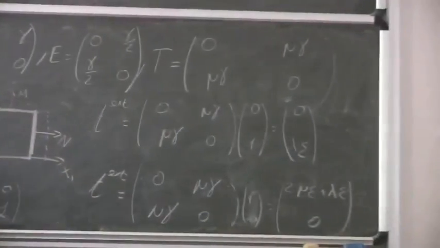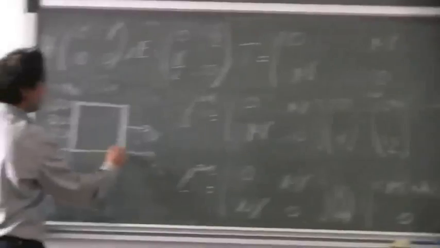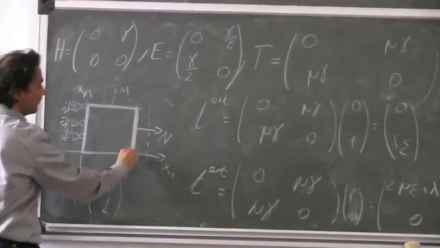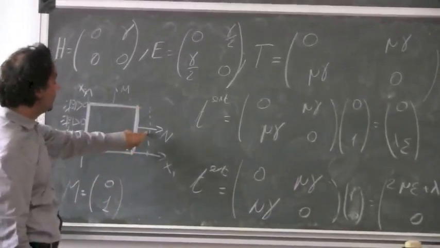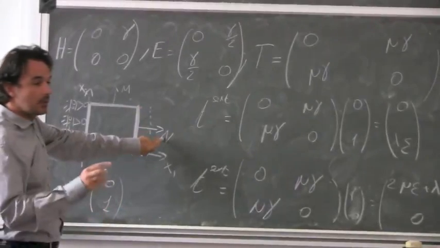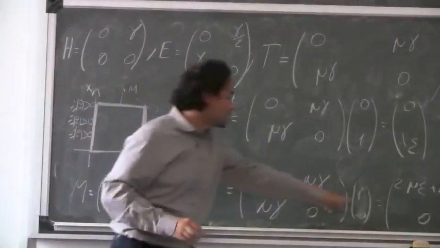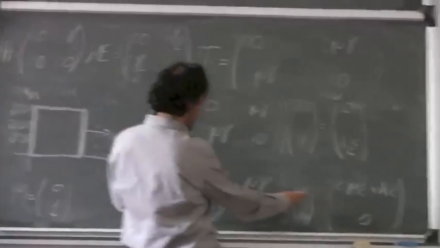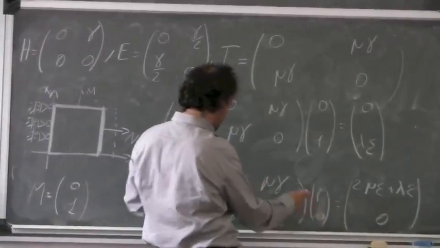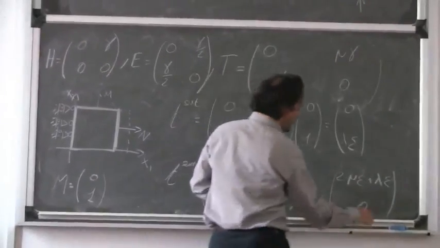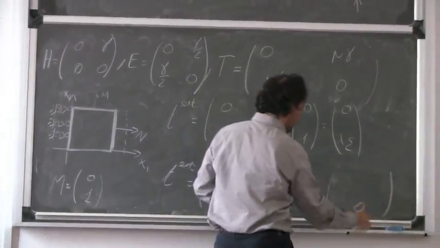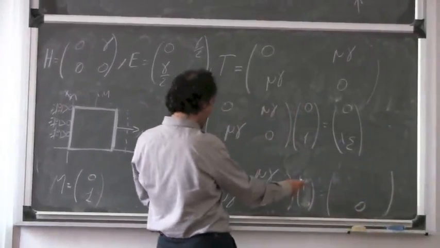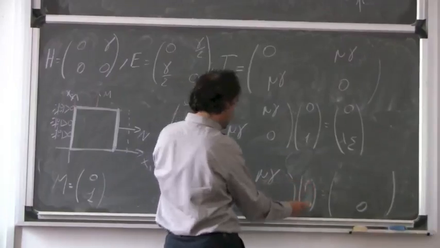So in this border, the normal vector is 1, 0. So it is this one. And we have 0, 0, and then we have gamma mu, 0.